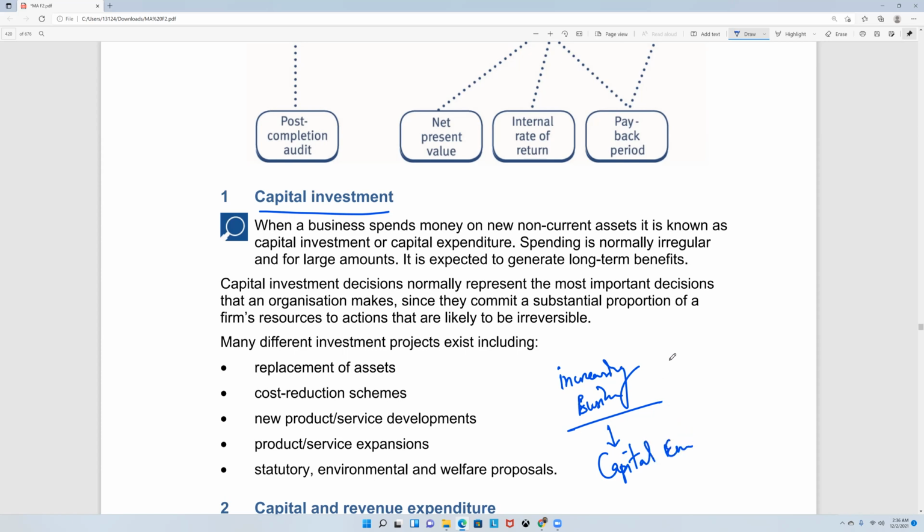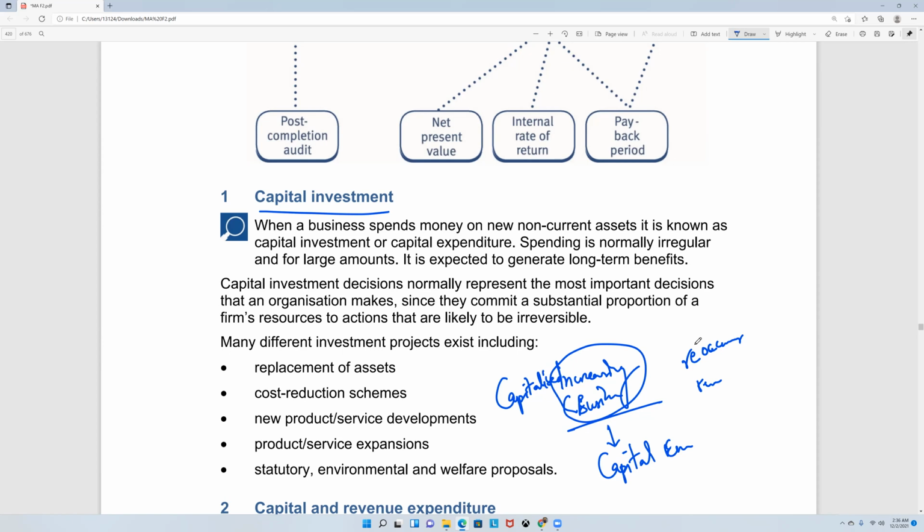If you are making an expenditure which is recurring in nature, then that is a revenue expenditure. Anything which is increasing the value of the business, if you are investing there, that amount will be capitalized.